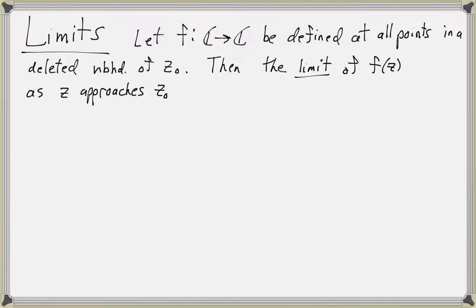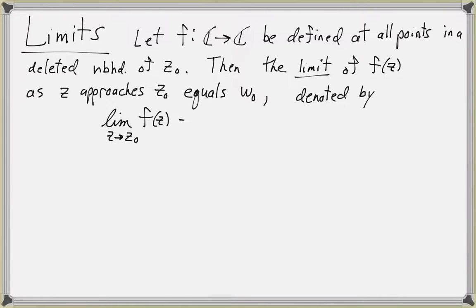We say that this limit equals w0, denoted by the notation limit f of z as z approaches z0 equals w0.